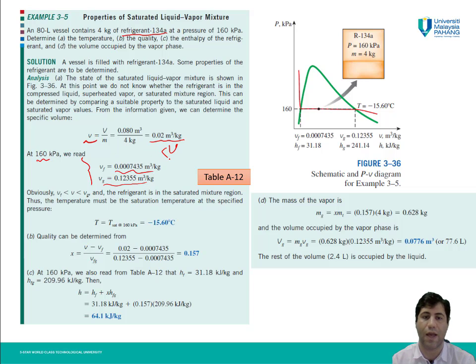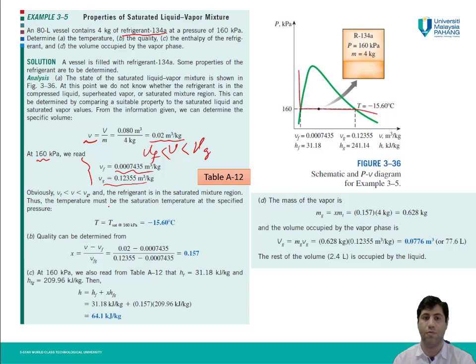So the state which we have is in the saturated liquid and vapor mixture area. It is how we found that, by comparing the properties which we calculated from the information given by the question with the information from the table. So obviously the refrigerant is in the saturated mixture region.